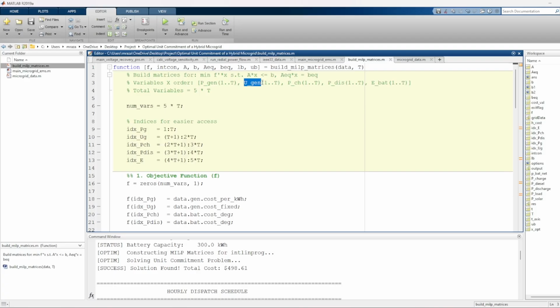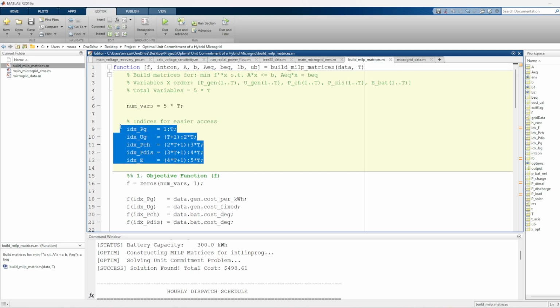The next one is the generator status, whether it's turned on or off. The next is the battery charge, then the battery discharge, and the final one is the battery energy, so how much power we have in our batteries. So these are the 5 variables which we have to deal with.